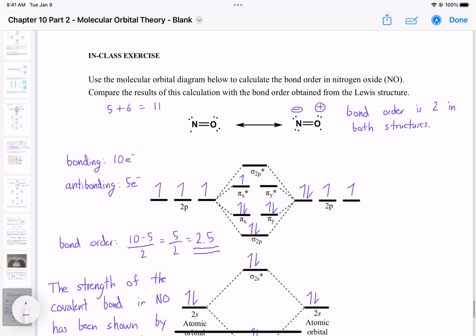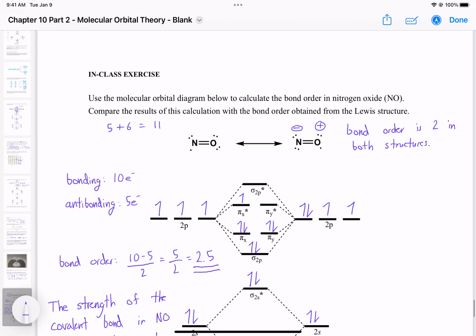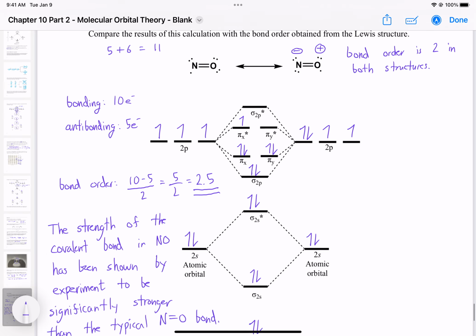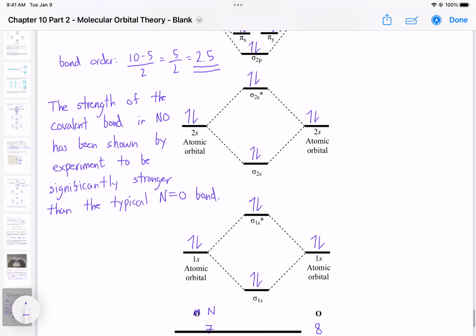So actually the molecular orbital model is a little bit better in this case, because although the NO bond in our Lewis structure suggests 2, by experiment, it actually suggests it's a little bit stronger than that. So 2.5 is the better prediction of bond order. Okay?